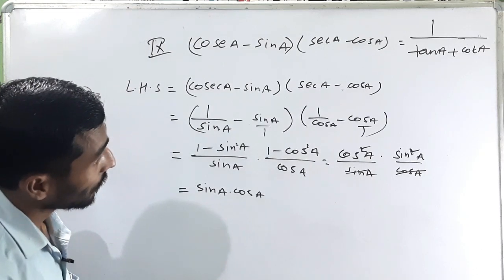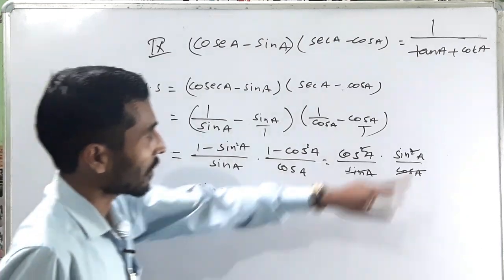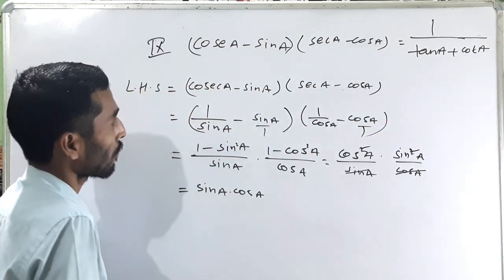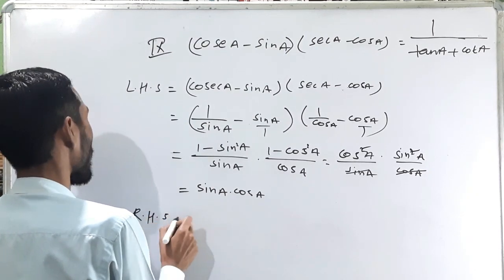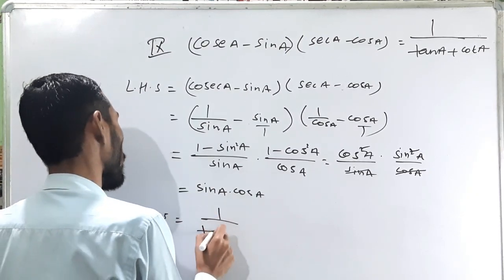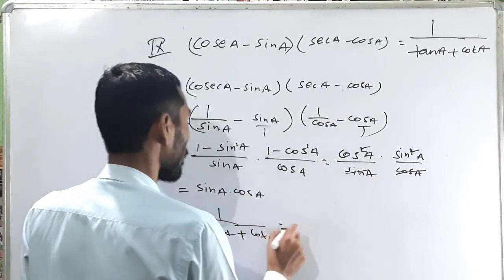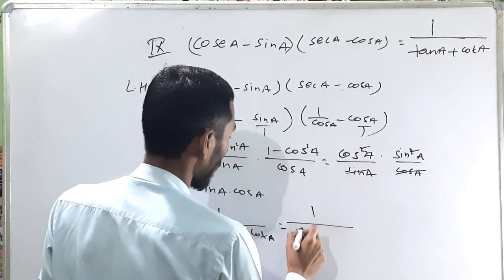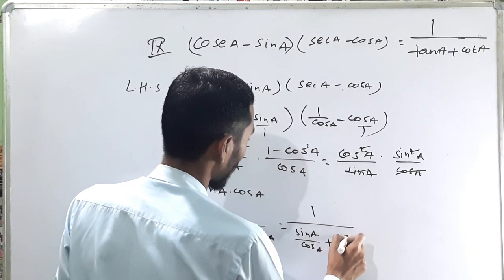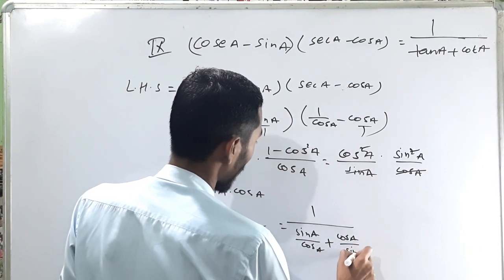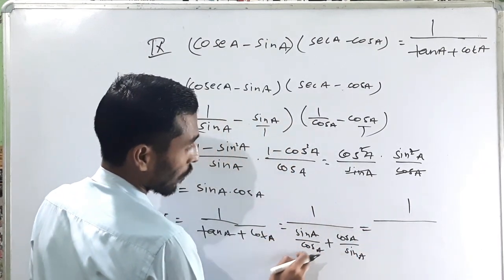Now what can be done? Simply I think we should change this. Here we need to solve RHS also. 1 by tan a plus cot a. What can be done here? 1 by sin a by cos a plus cos a by sin a. Sin a into sin a, cos a into cos a.